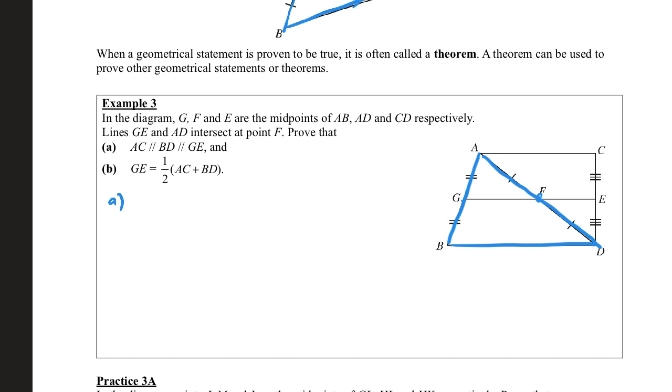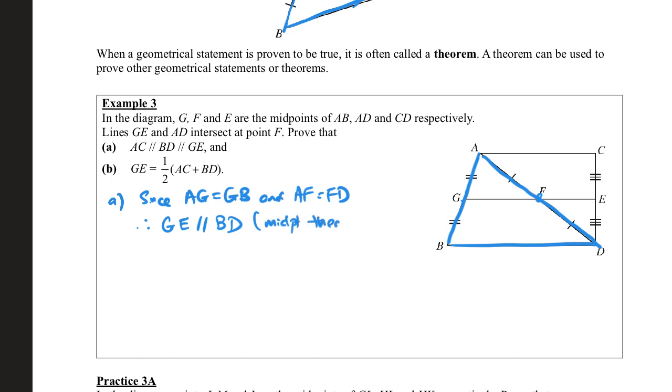So we know that since AG equal to GB and AF equal to FD, this is my proof. Okay, therefore GF is parallel to BD by virtue of the midpoint theorem.